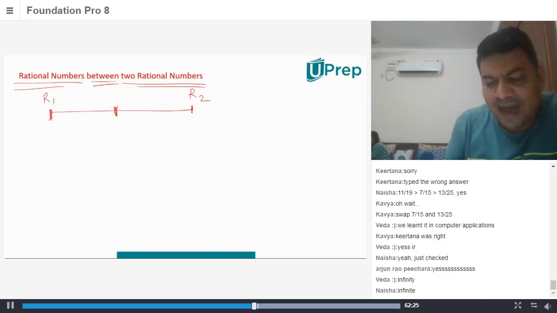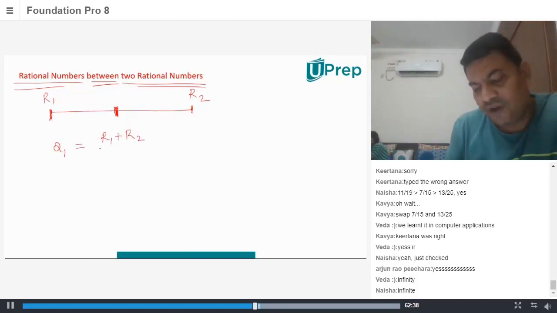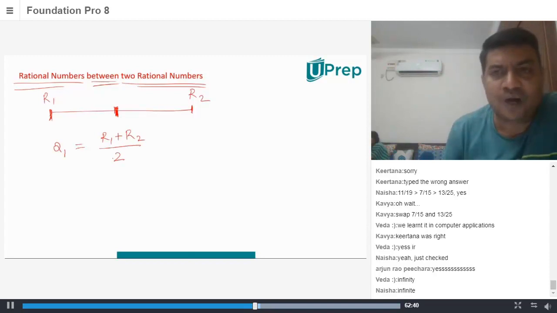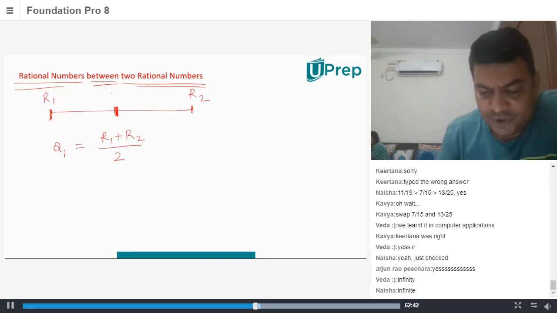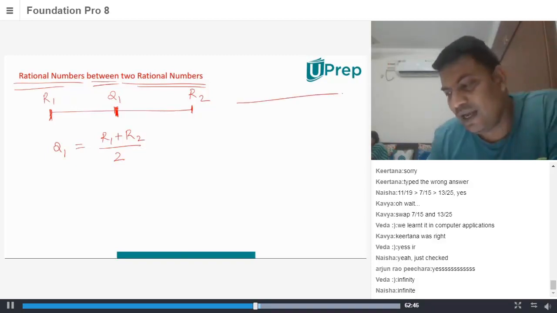The mean average of these two is another rational number, let me call it Q1. So Q1 is R1 plus R2 by 2. If I calculate R1 plus R2 by 2, I get a rational number in between them. Let me take an example and explain.